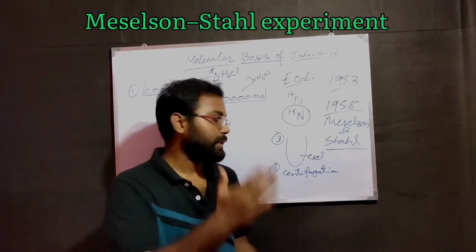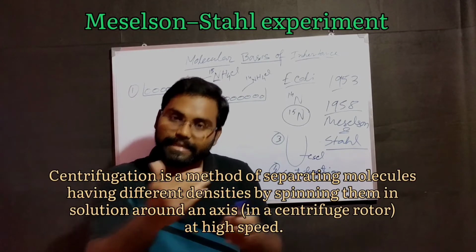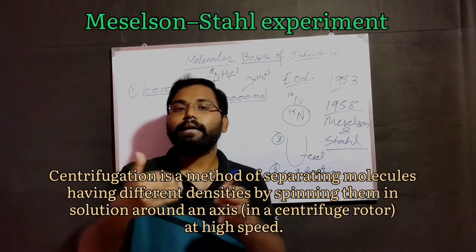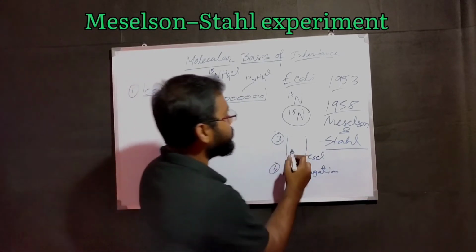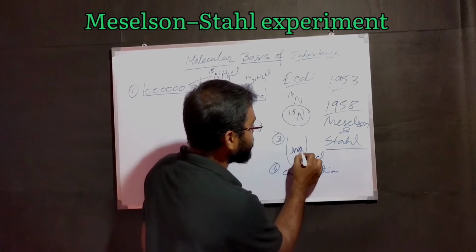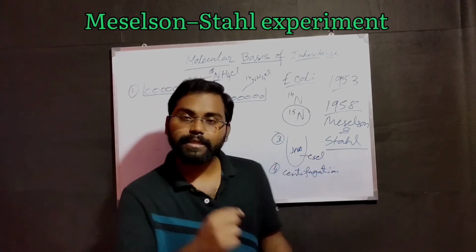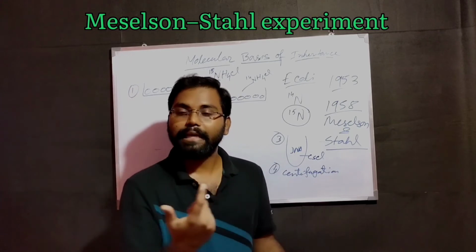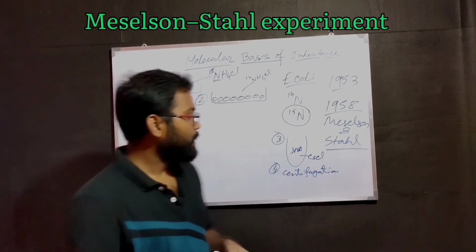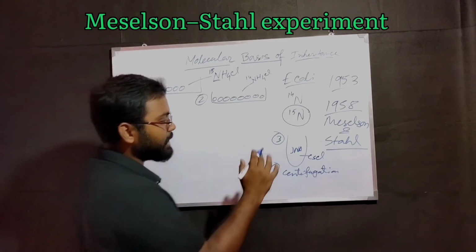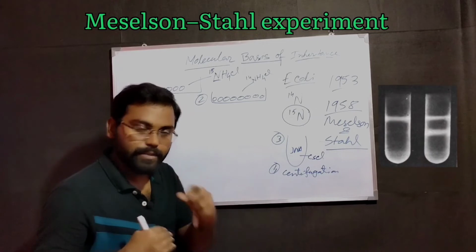As we know, after centrifugation, the particles of a solution get separated according to their weights. So when they centrifuge this DNA-containing solution, that means the sample solution is spun rapidly in a centrifuge with high speed, they found the separated particles.